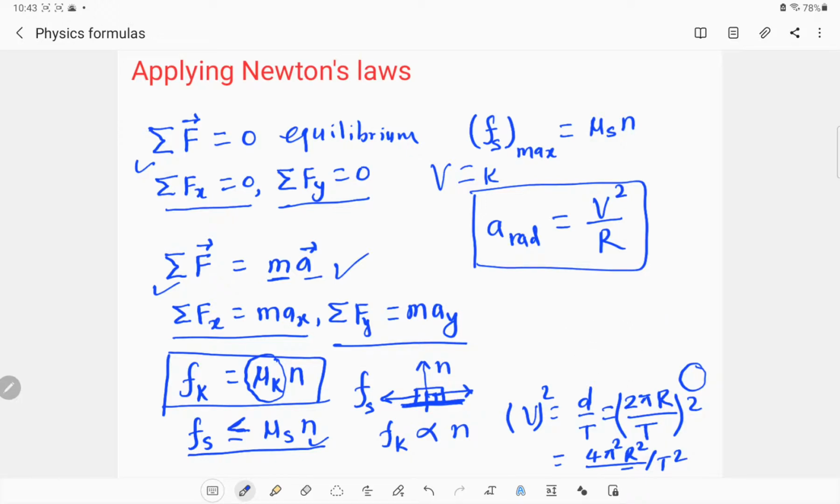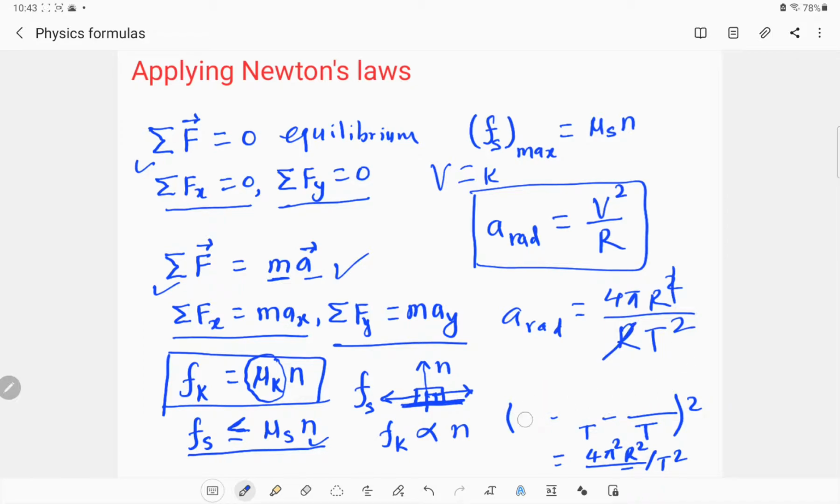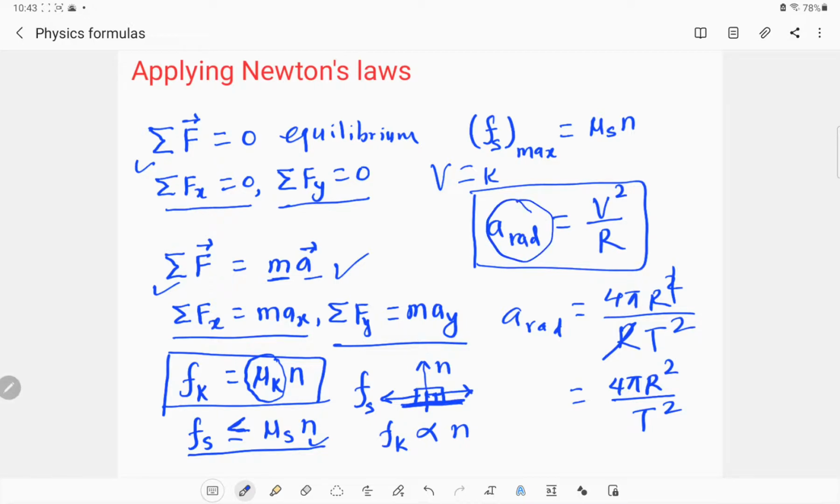Simply put that equation: a rad is equal to 4 pi squared R squared divided by T squared, divided by R. R is already there, so R will be cancelled, and what you get is 4 pi squared R divided by T squared. Sometimes velocity is given in the problem and the radius is known, then you can calculate the radial acceleration by using this formula.